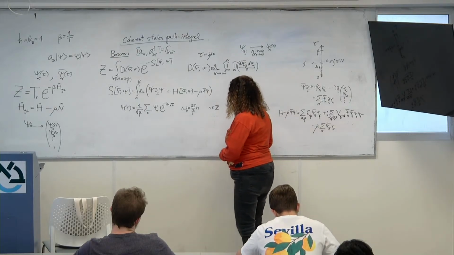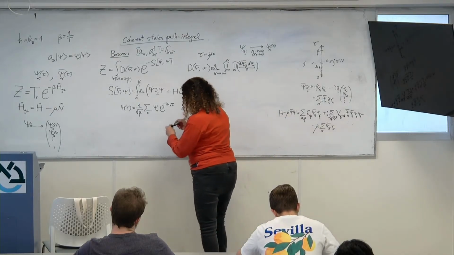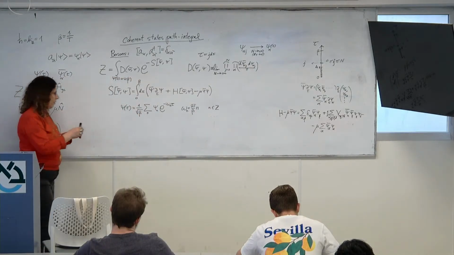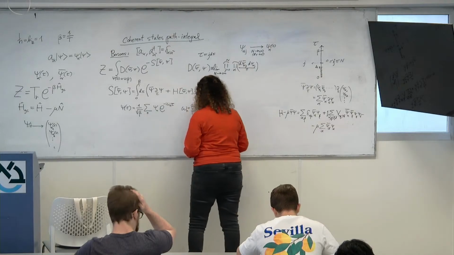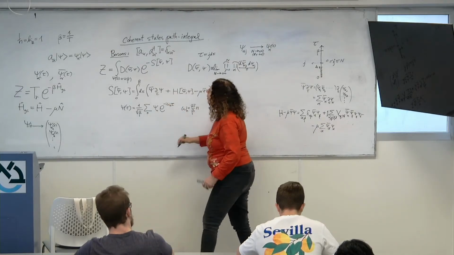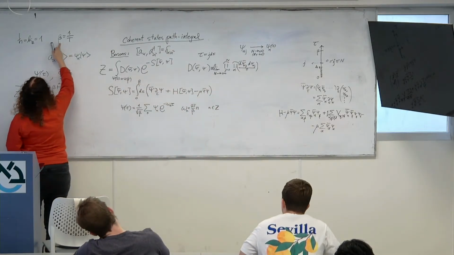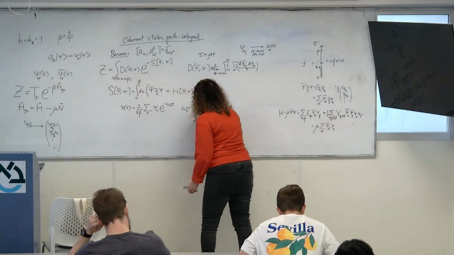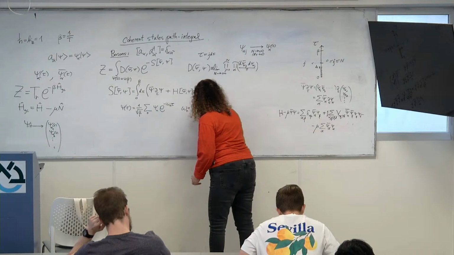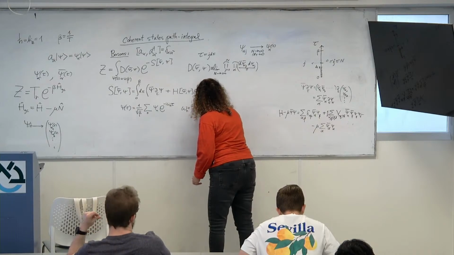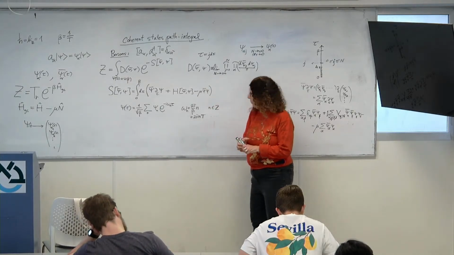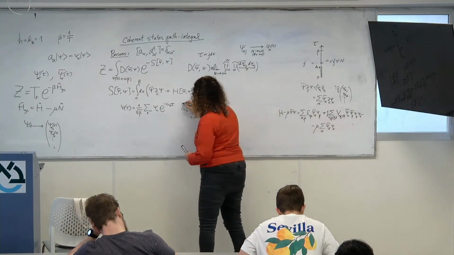Now this set of frequencies, if I remember that beta is 1 over T, I can also write as 2 pi n times T, where T is temperature.